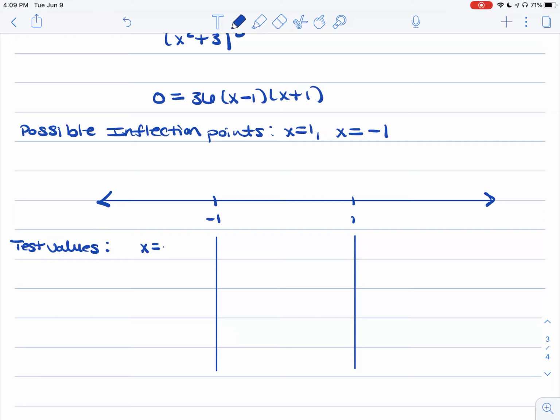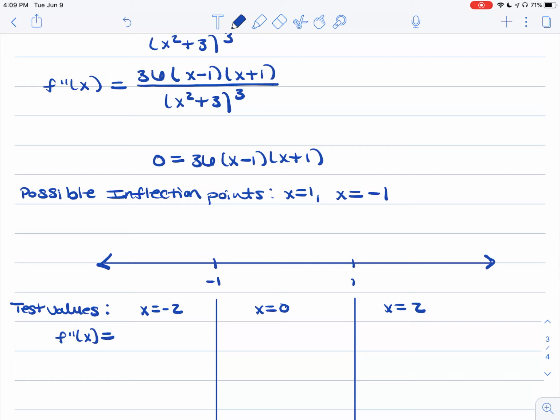So I'll go with -2, 0, and 2. And then we need to plug these into our second derivative. All right, didn't do this ahead of time this time, so I'm going to go ahead and punch these in. Let me type this in my calculator real quick here.